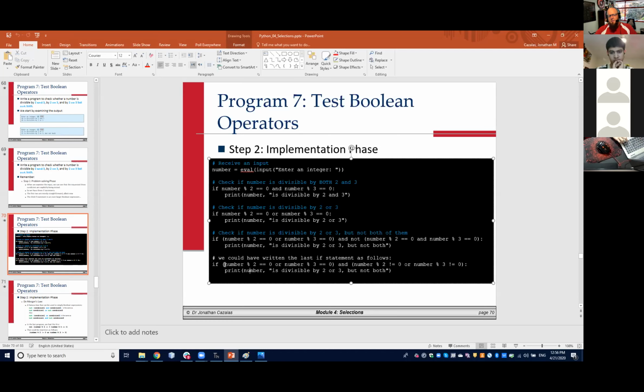I could have said, if the number is divisible by 2 or 3, and is the number not divisible by 2 or not divisible by 3. Does that make sense logically? That's the exact same logical thing: is the number not divisible by 2 or not divisible by 3?